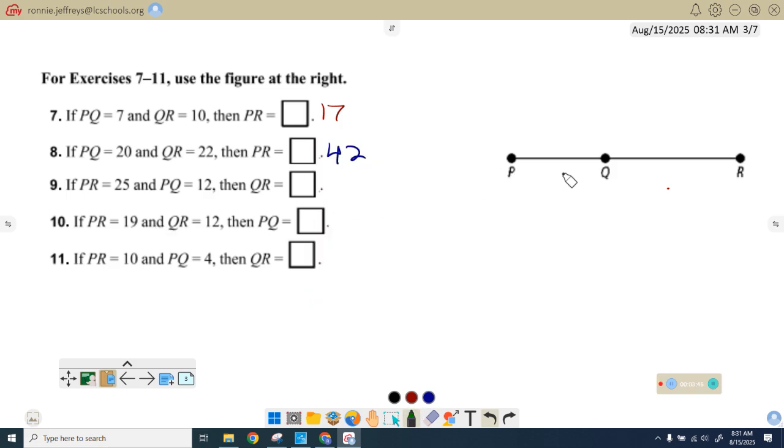All right. If this is 25, which is a whole lot funnier than 24, and this is 12, what is this little section? 13, because we would say 25 minus 12.